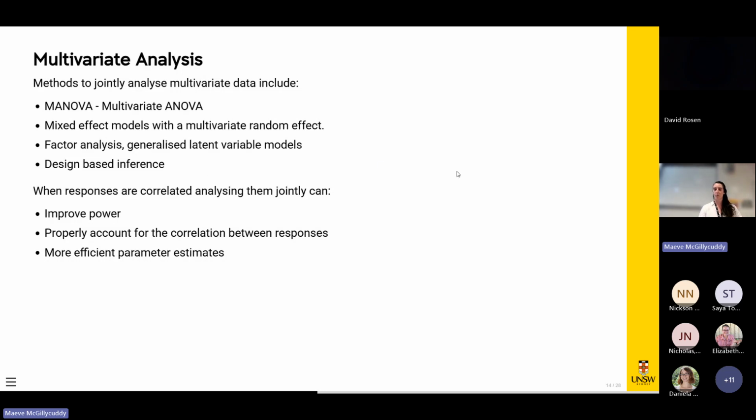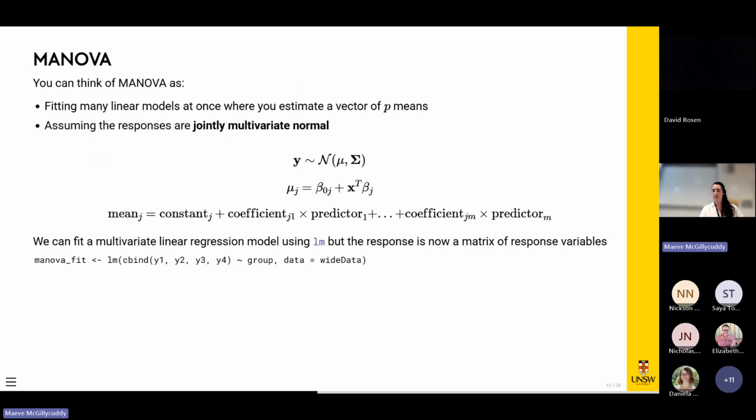And again, I'll go through what all of these mean. So the advantage of multivariate analysis is that we are improving our power. We are properly accounting for the correlation between the responses, and we have more efficient parameter estimates as well, because we're sharing across the responses.